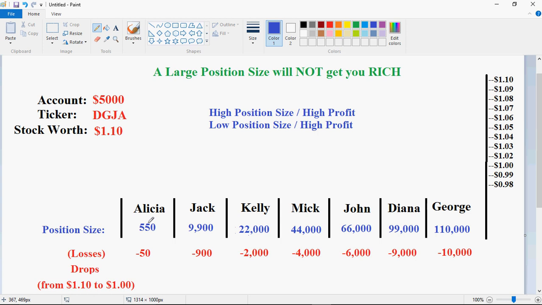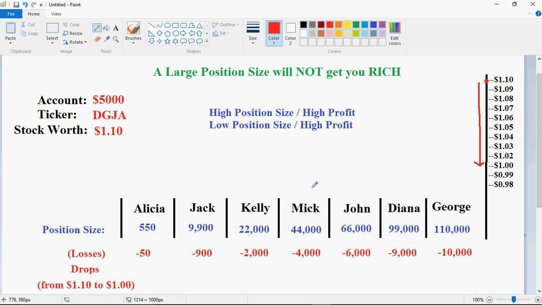Now, let's say all of them enter here at $1.10 at the same time. Then let's say 15 minutes later, the stock drops and it keeps dropping. An hour later, the stock is now at $1.